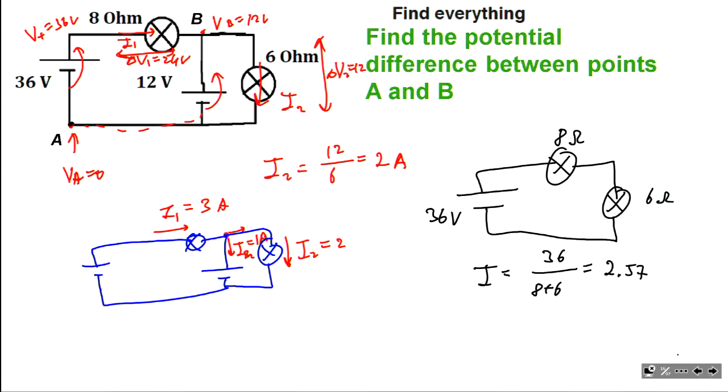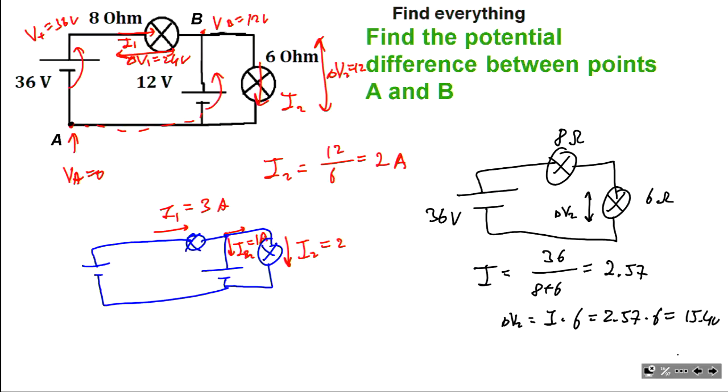Now, if you want to calculate, let's say, the voltage number 2, it will be equal to current times 6, 2.57 times 6, 15.4.